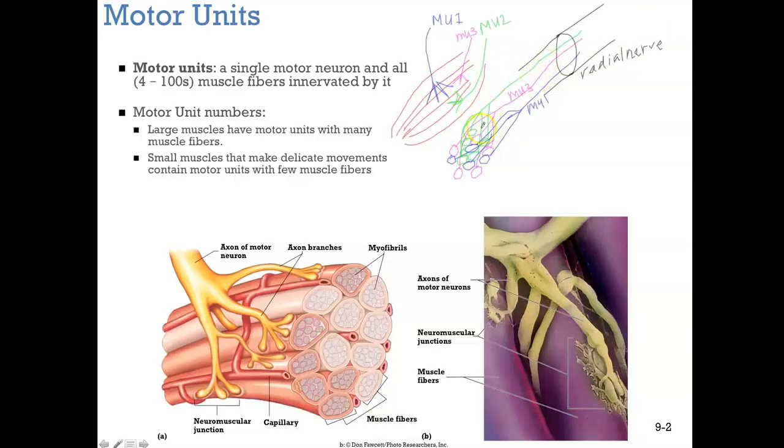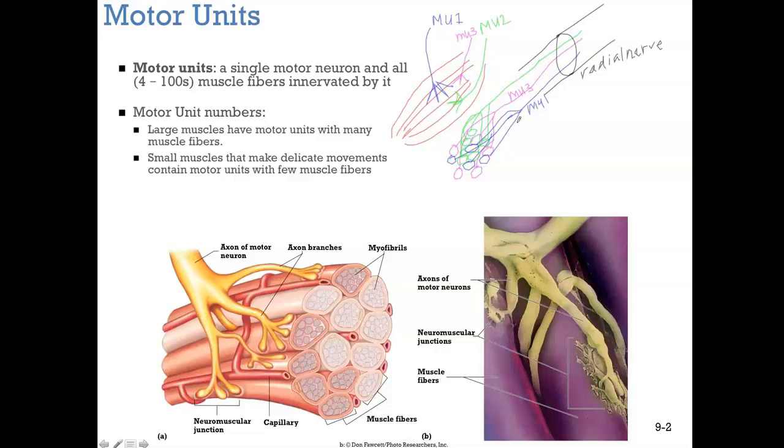So let's say this is one of the heads of the triceps, and what motor units help us do is make sure that this muscle doesn't fatigue, or we can stimulate all of these motor units and get this muscle to completely contract all at once for, let's say, a power weightlifting exercise.